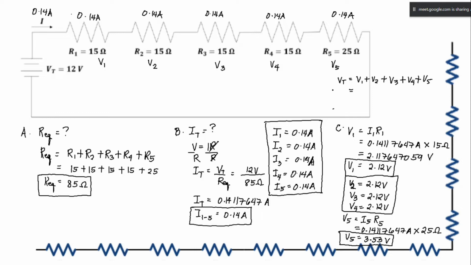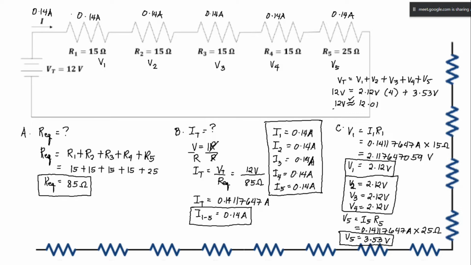Substitution, so V sub t natin, that's 12 volts. Then, ang V sub 1, that is 2.12 volts. Ita-times ko na lang siya sa 4, plus ang V sub 5 po natin is 3.53 volts. 12.01. And that is approximately equal to our V sub t.